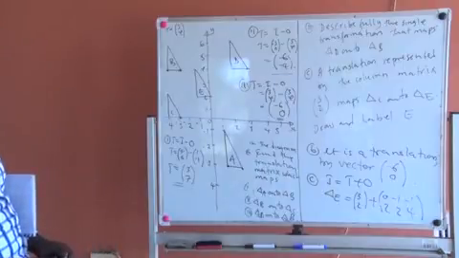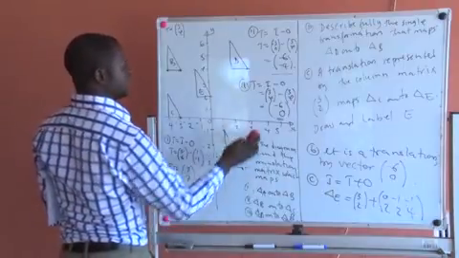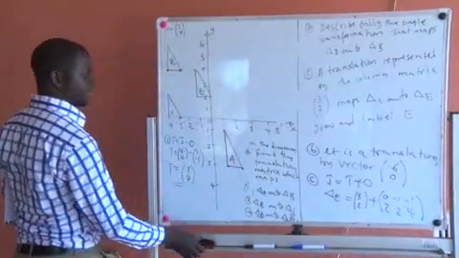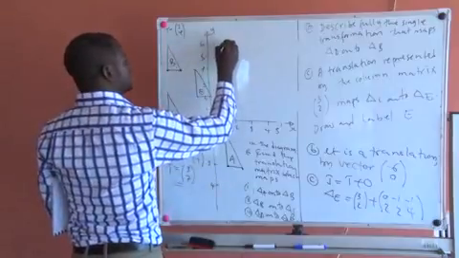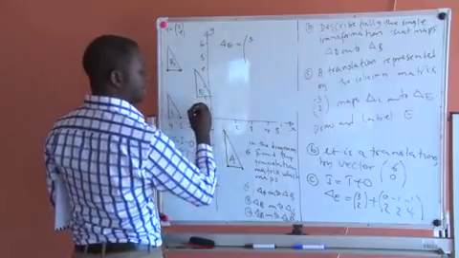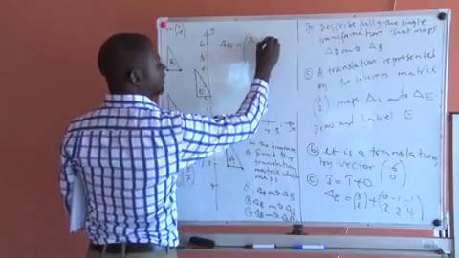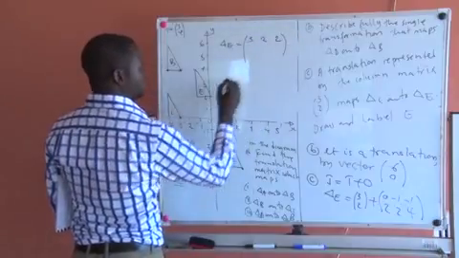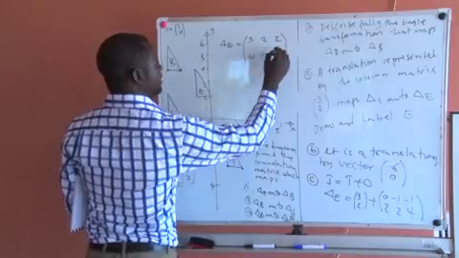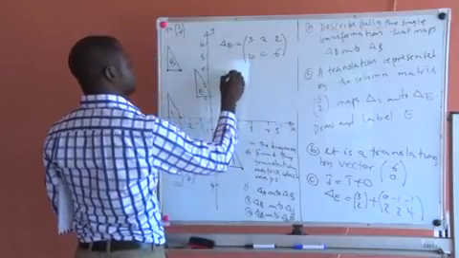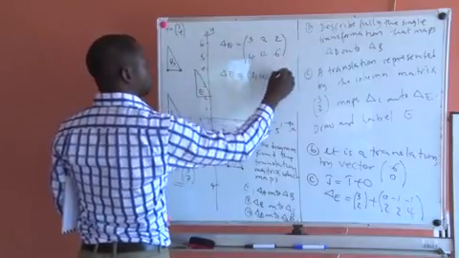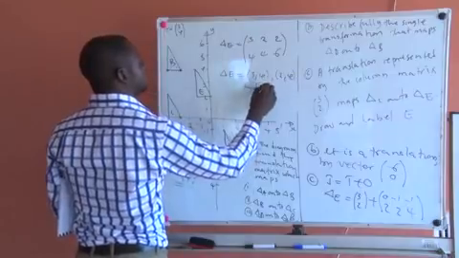After you deal with those, they will give you the coordinates of triangle E. So you can conclude by saying triangle E equals 3 plus 0 is 3, plus negative 1 is 2. 3 plus negative 1 is 2, 2 plus 2 is 4, and 2 plus 4 is 6. So it means triangle E has vertices 3, 4, 2, 4, and 2, 6.